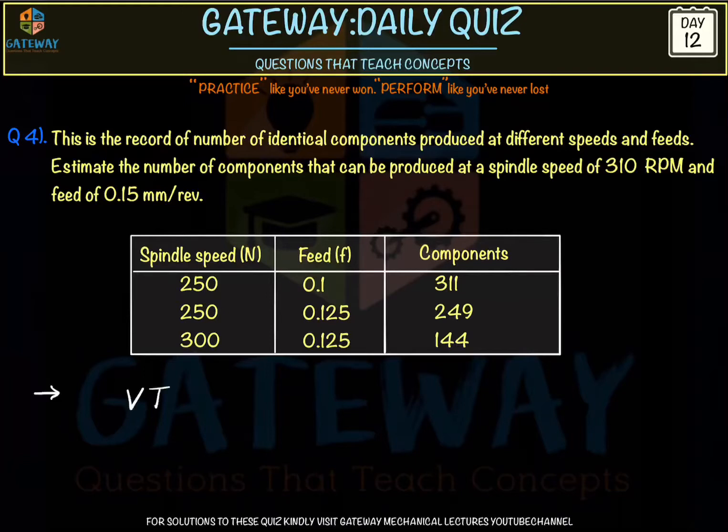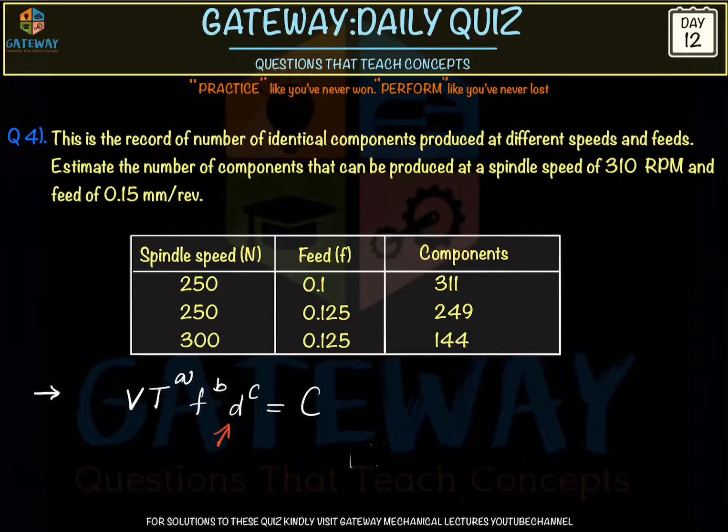Generally the Taylor's two-life equation is V t power A, F power B and D power C is equal to the capital C. Here generally there is no data of depth of cut, so we'll assume it to be constant, and we'll remove the term since it is not varying.